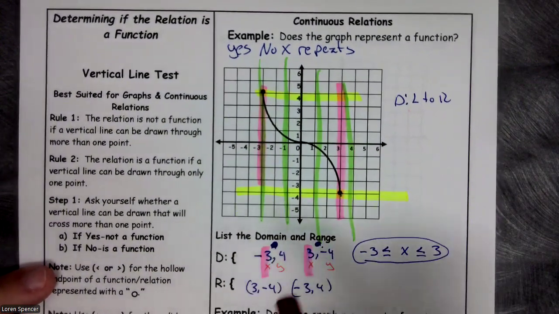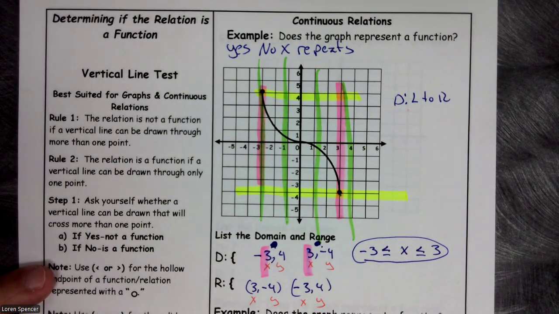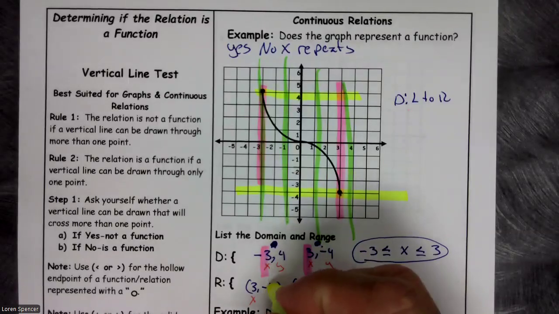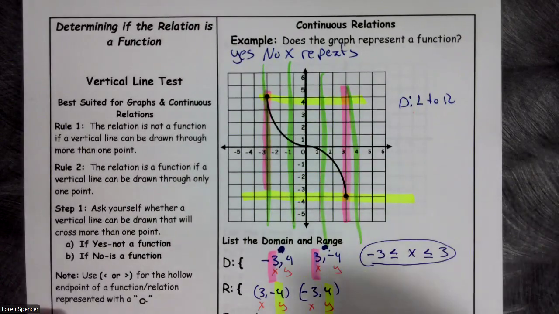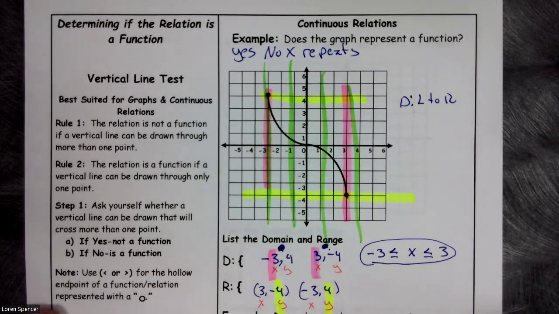And once again, this is my X, this is my Y, this is my X, this is my Y. So with that said, since it's the range, we only care about the Y values. Well, what's my smallest Y value? It's -4.